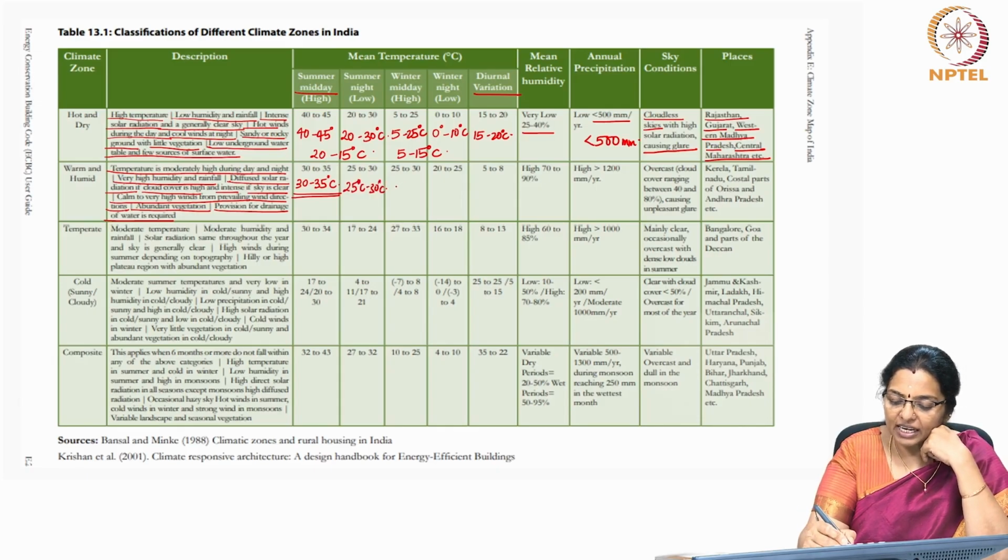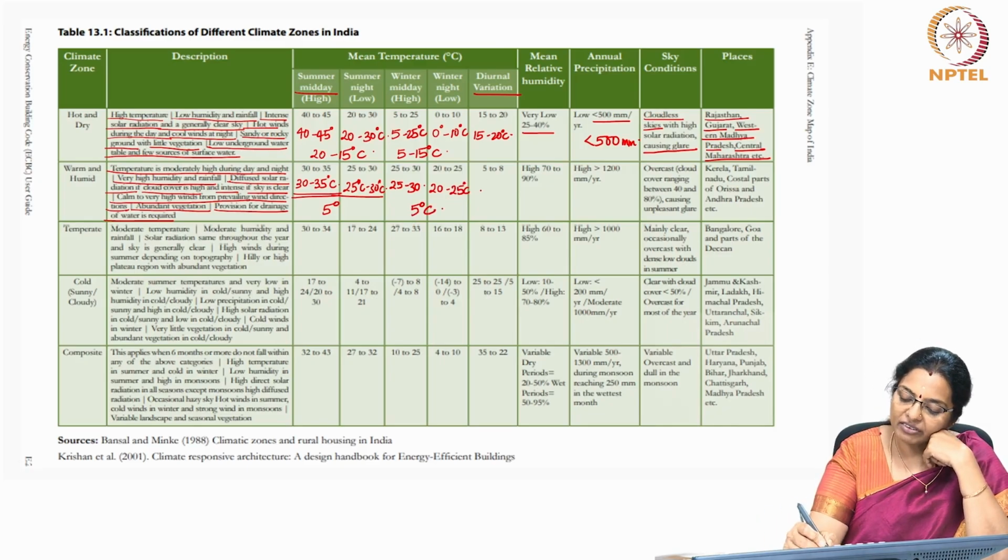So in summer, the diurnal variation is about 5 degrees. Winter midday ranges between 25 to 30 degrees centigrade and winter nights the temperature is between 20 to 25 degrees centigrade. This again makes the diurnal variation only 5 degrees centigrade.